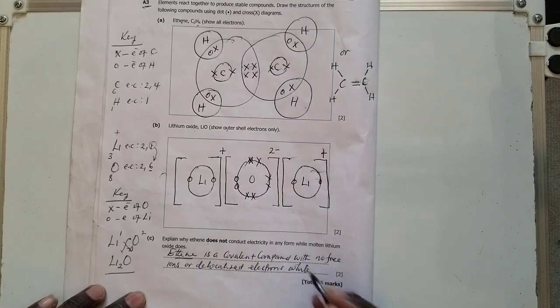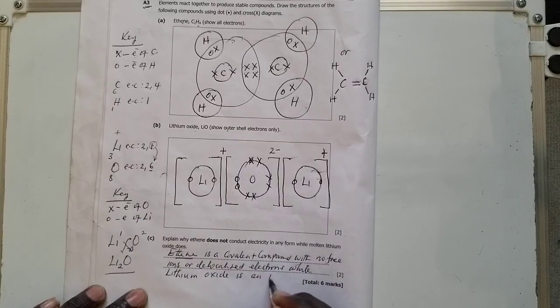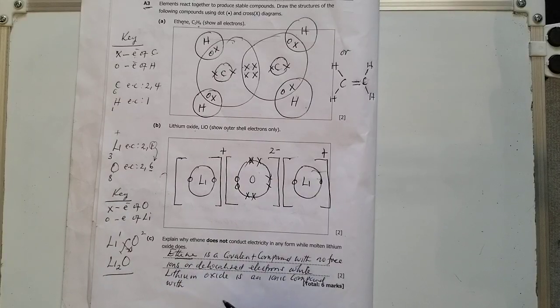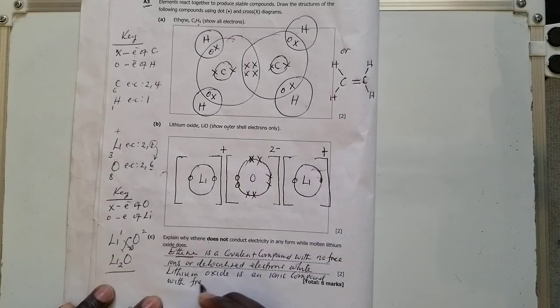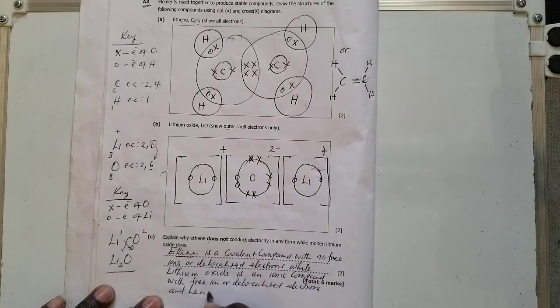While lithium oxide is an ionic compound, so of course in its molten state I can simply say it's an ionic compound with free ions, or if you want you could have said delocalized electrons, and hence conducts electricity.